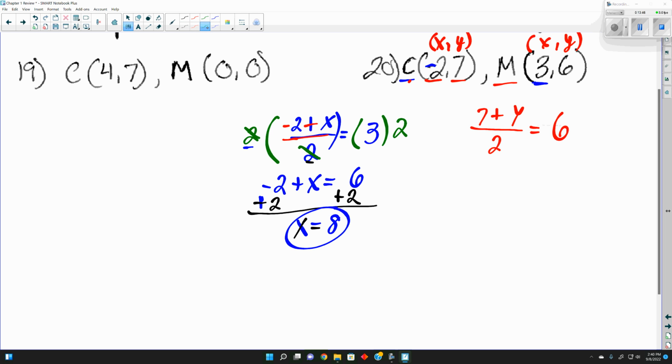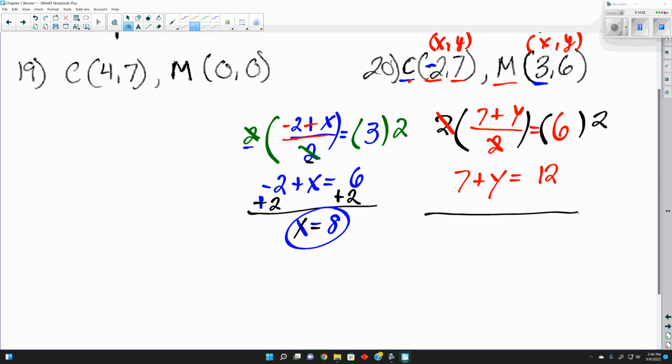We're going to do the same thing with y. The first thing we're going to do is multiply both sides by 2. And when we multiply both sides by 2, these will cancel, telling us that 7 plus y is equal to 12. Solve for y. We would subtract 7. Telling us y is equal to 5.